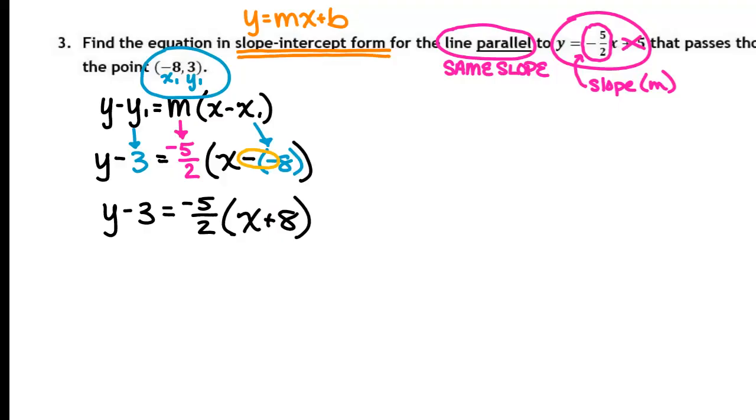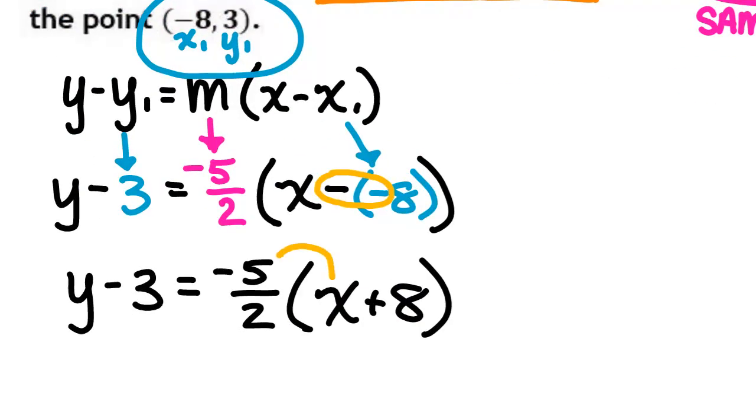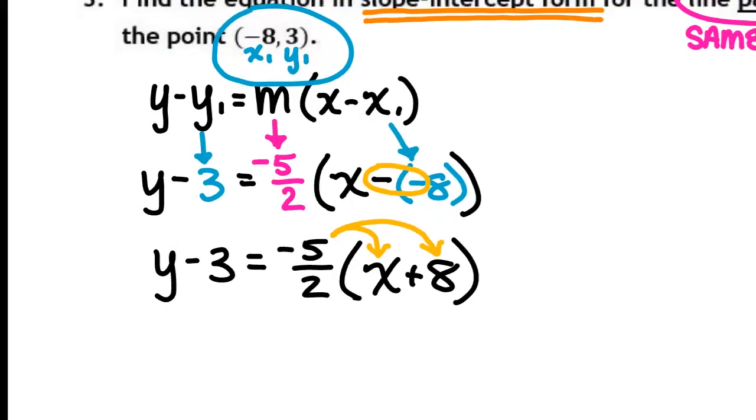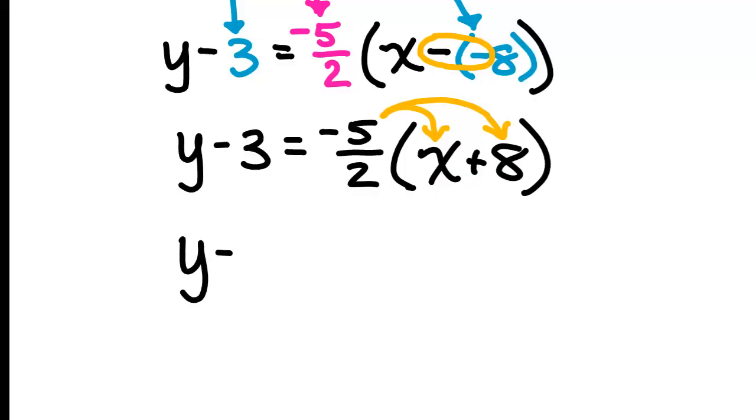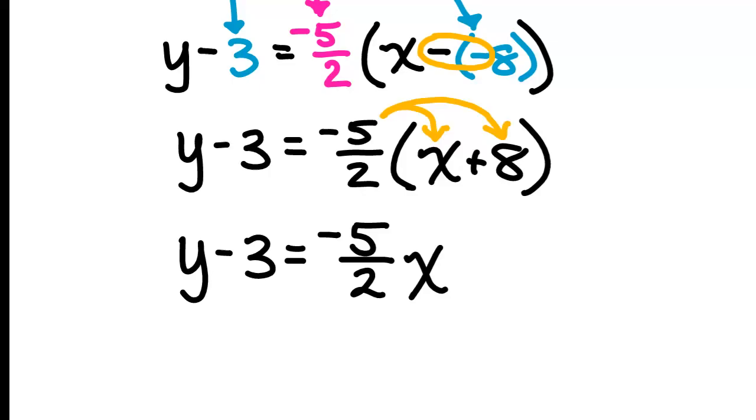I want my answer to look like this. Are there any parentheses in slope-intercept form? No. Then the first thing I'm going to need to do is get rid of the parentheses. How do I do that? Distribute. We're going to take negative 5 over 2 and distribute it inside the parentheses. So I would have y minus 3 equals negative 5 over 2 times x is just negative 5 over 2x.